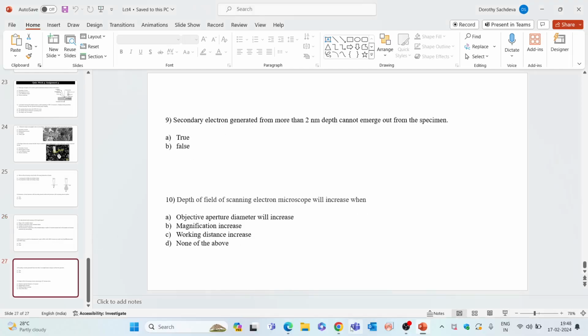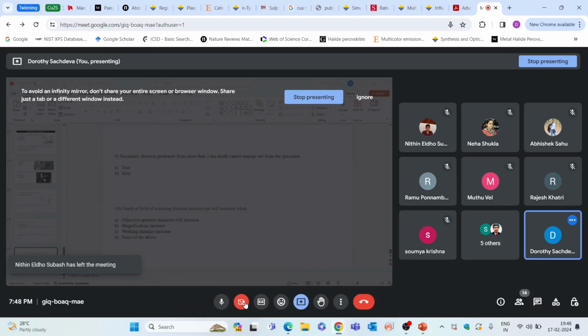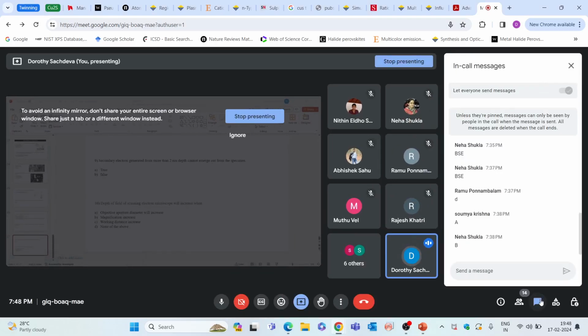I want this answer from you people. Any raised hand? Anyone want to answer? How will the depth of field be increased? Option C. By increasing the working distance.